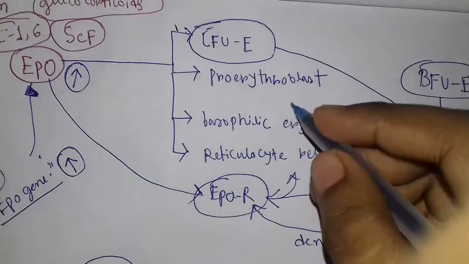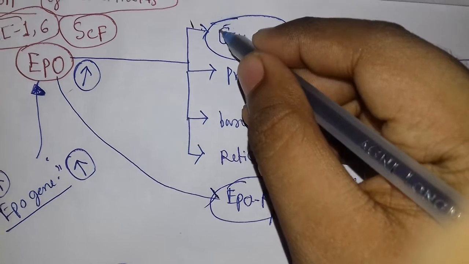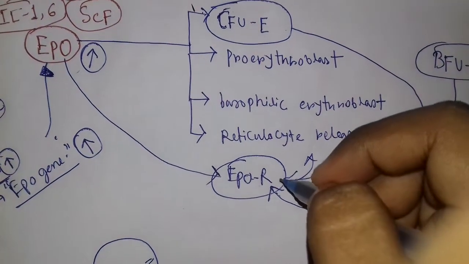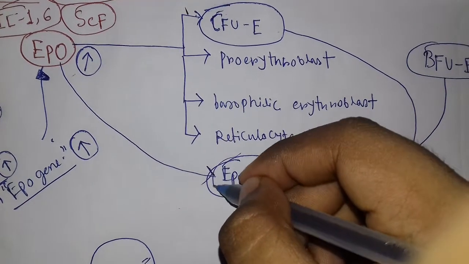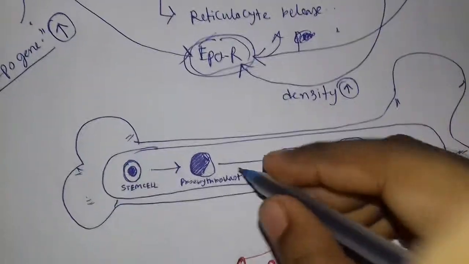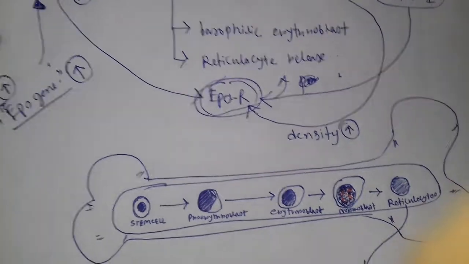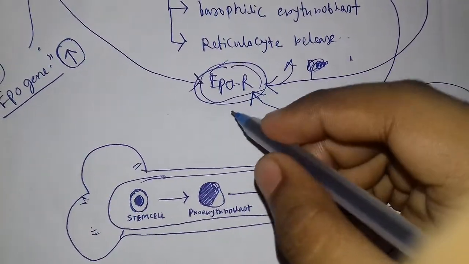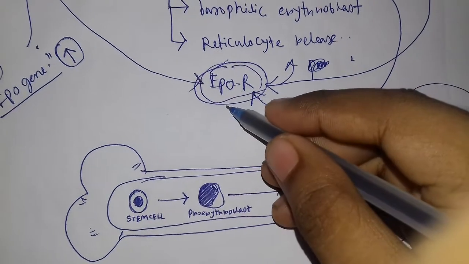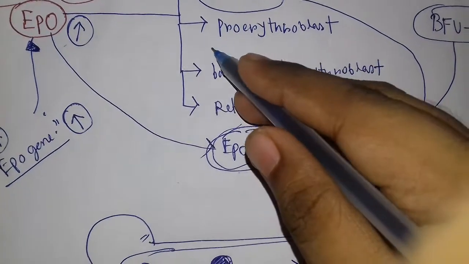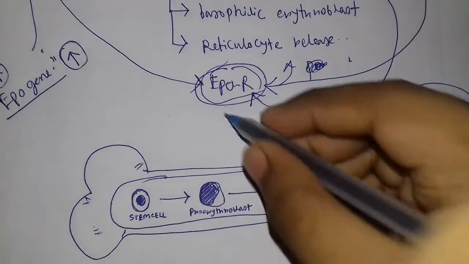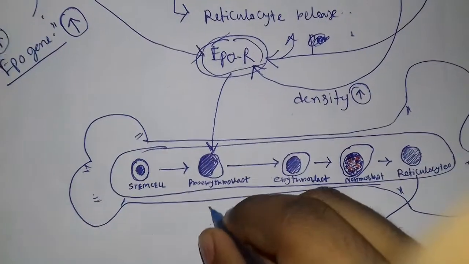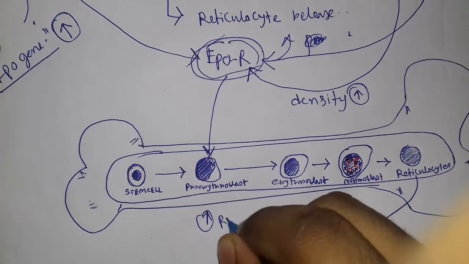The first component was the erythroid colony forming unit, which increases the density of erythropoietin receptors on these progenitor cells, so the action of erythropoietin gets increased, and erythropoietin acts on the proerythroblast here and increases the synthesis of the ribosomes.